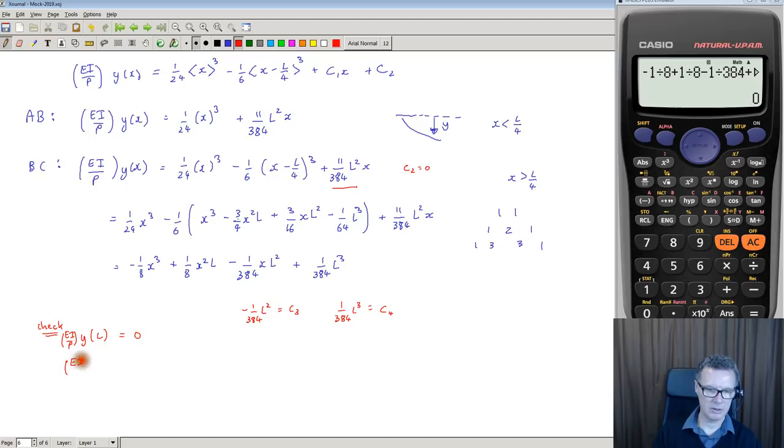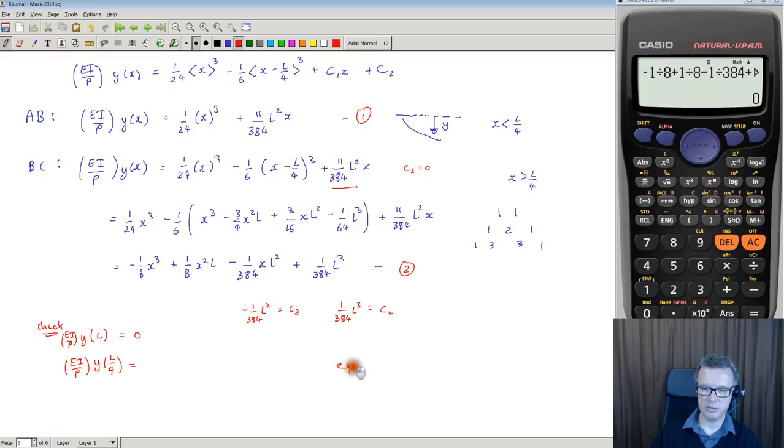And then the other one to check is, does this equal 0? No, not does it equal 0. Oh no, that's what I can do to check it, isn't it? The other thing I can do to check is, what's the value when we are at L over 4? So let's substitute that into equation 2 and into equation 1.